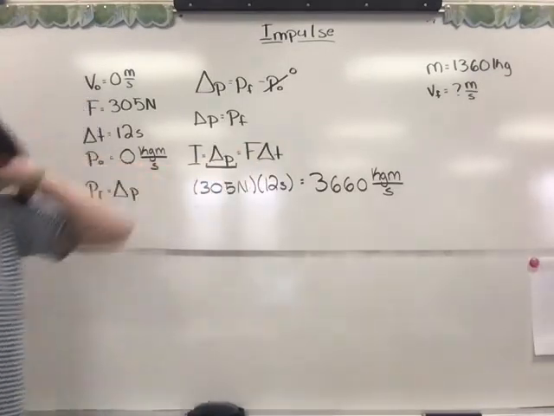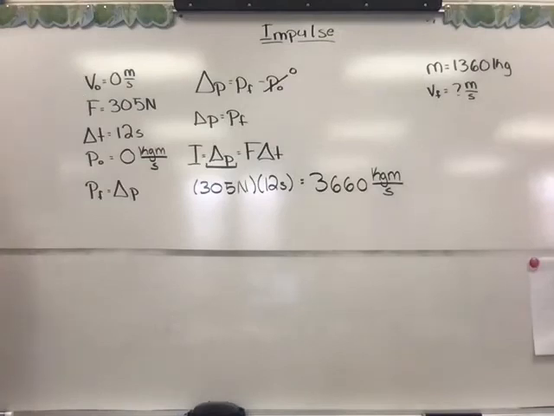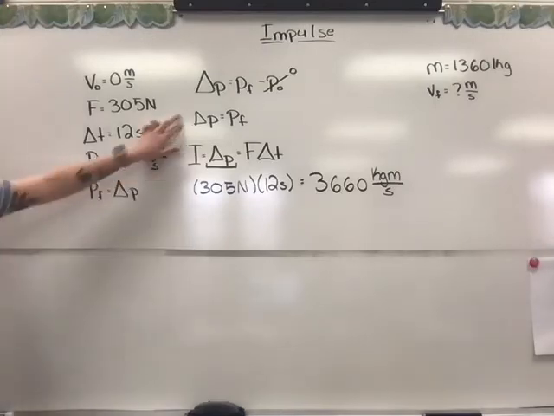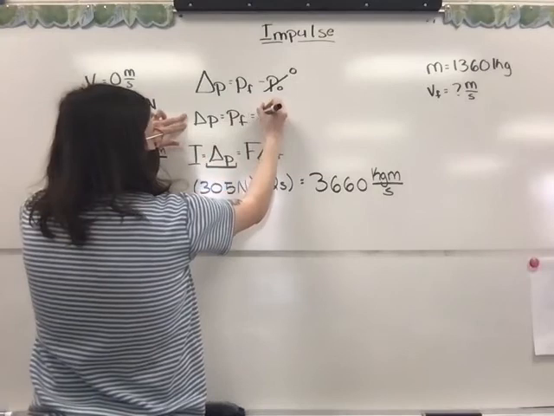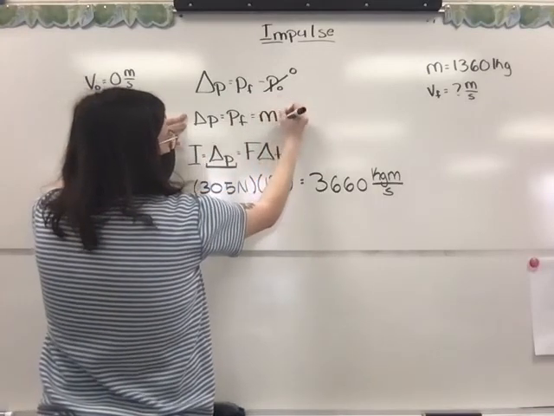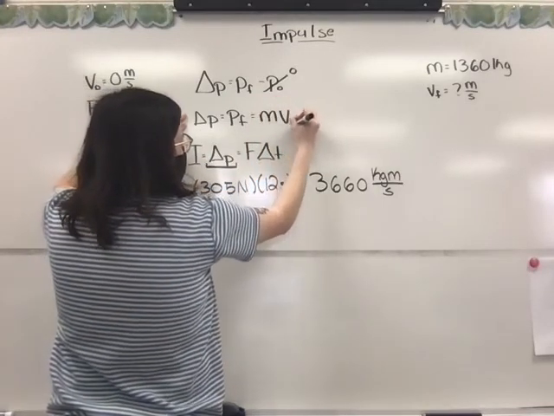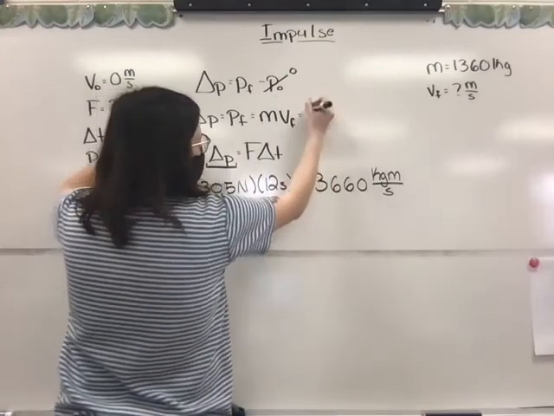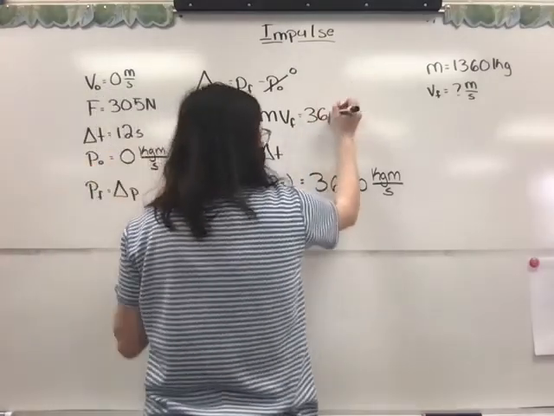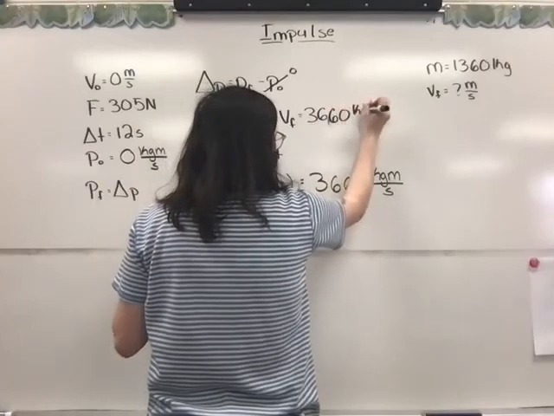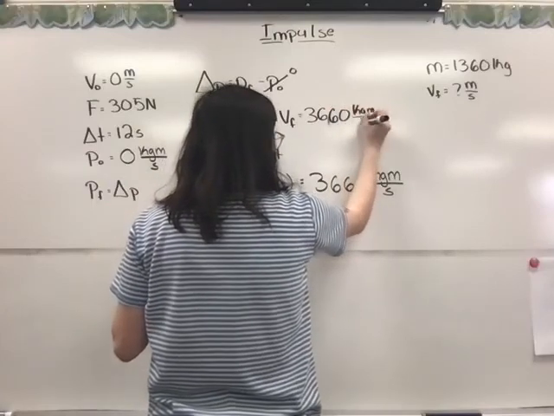So, momentum is equal to mass times the final velocity, and we found that it's equal to 3,660 kilogram meters per second.